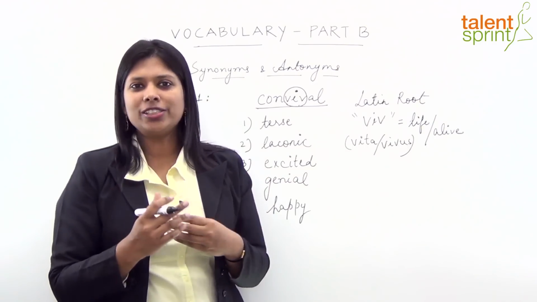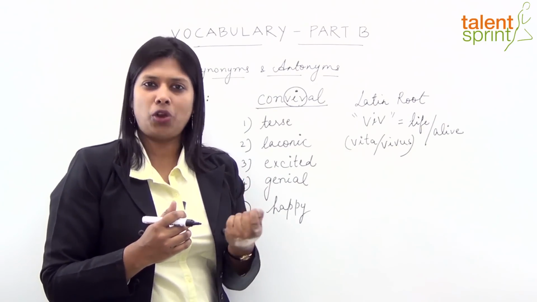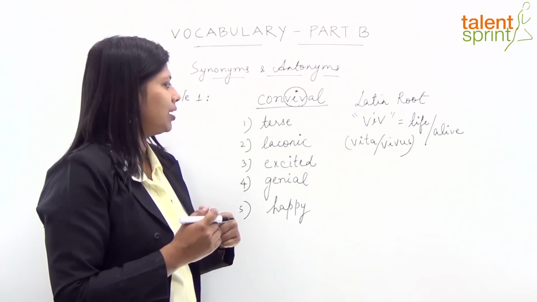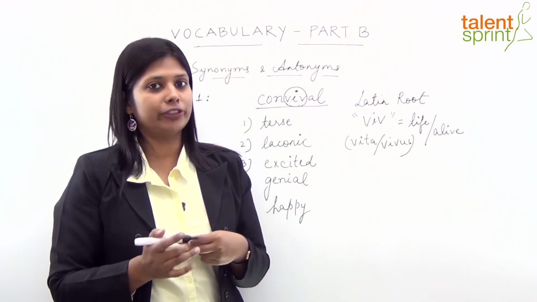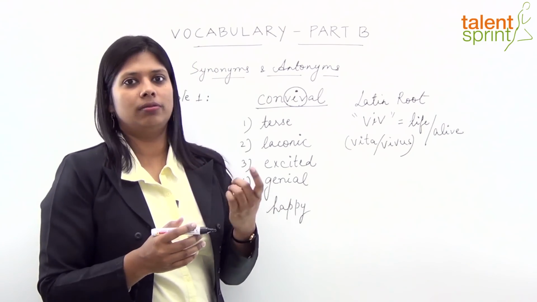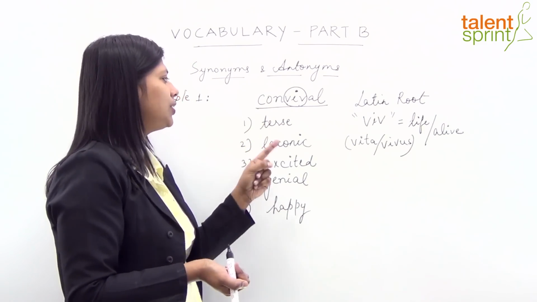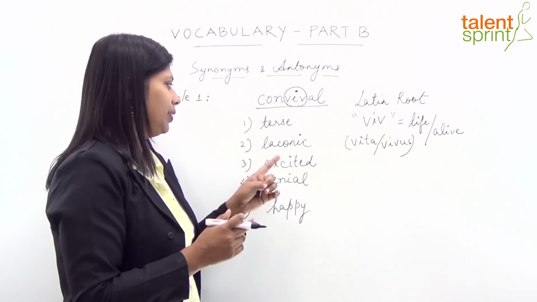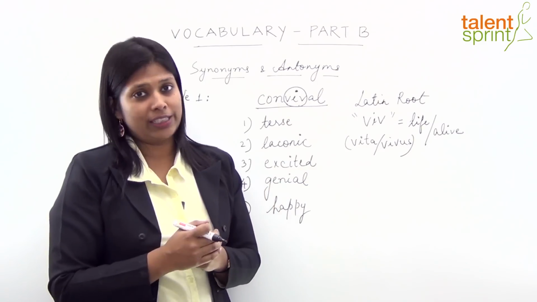First is terse. Terse means very short, precise, to the point. Second is laconic. Laconic also refers to being very precise and to the point. In other words, I can say that terse and laconic actually mean more or less the same. Being excited, I'm sure, needs no explanation.